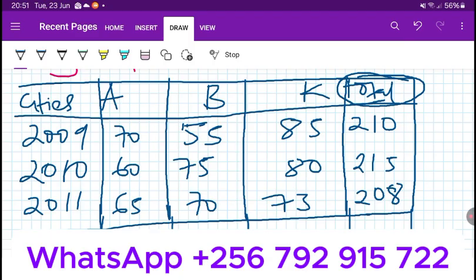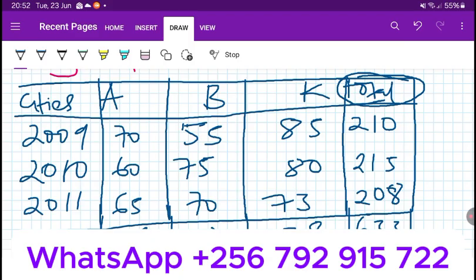Let's also put those disturbing aspects. You find that the grand total is 3633. This is 238. Of course, this side is 200, and this side for the city A it is 195. So that's how the examiner can trick you.